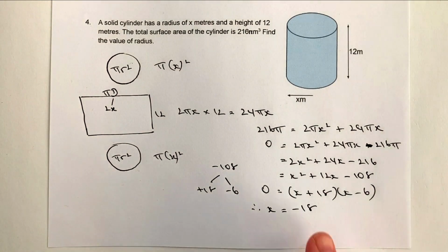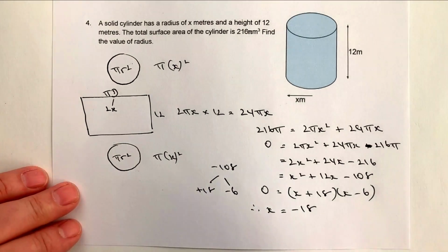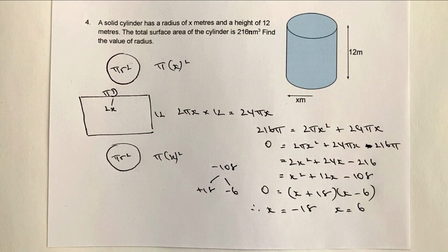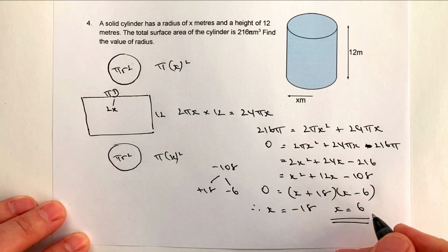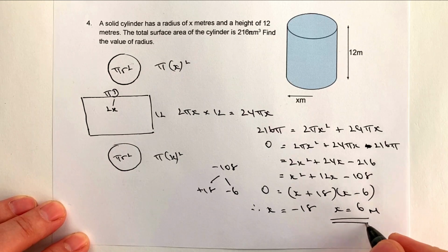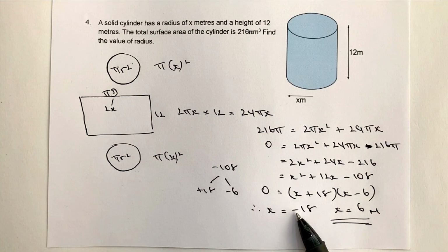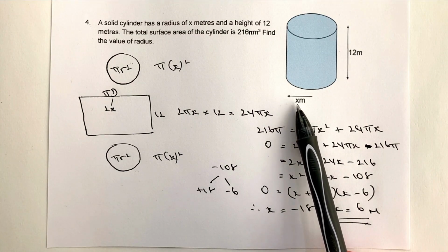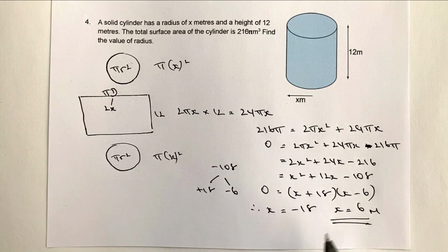And one where x minus 6 equals 0, so therefore x equals 6. And actually that's my answer. The value of the radius is going to be 6 meters. Okay, and that would be the answer. Now the reason it's not minus 18 is because that doesn't exist. You can't have minus 18 meters as the radius. It's only going to be the positive value.